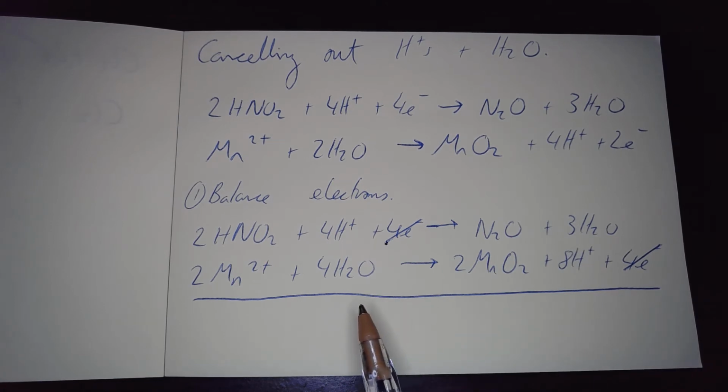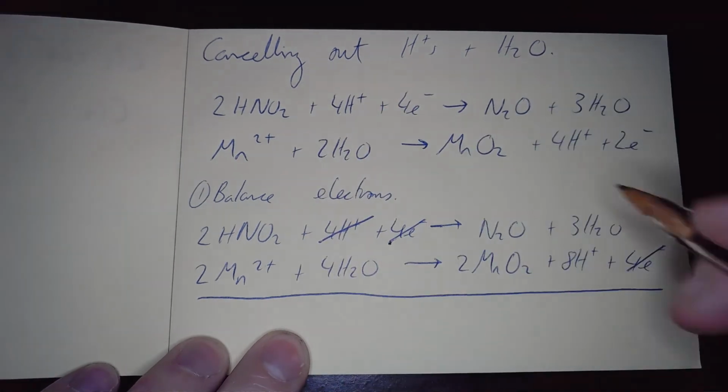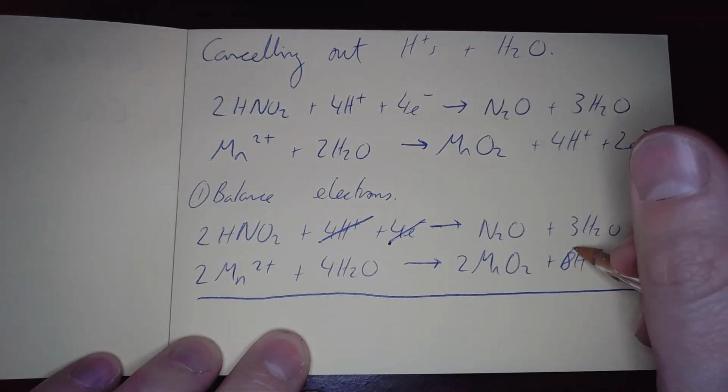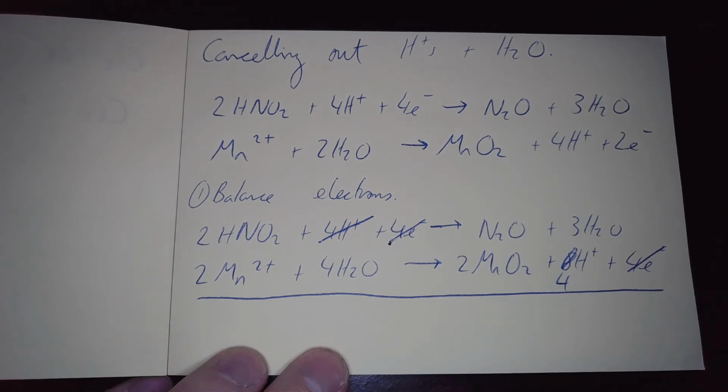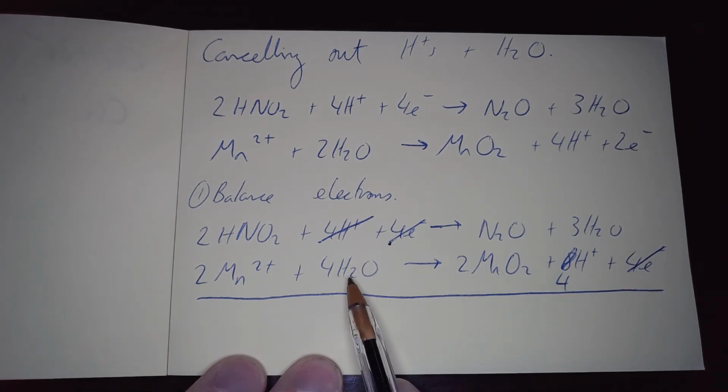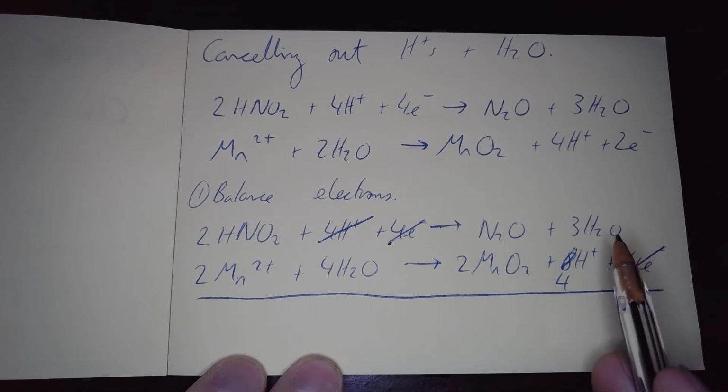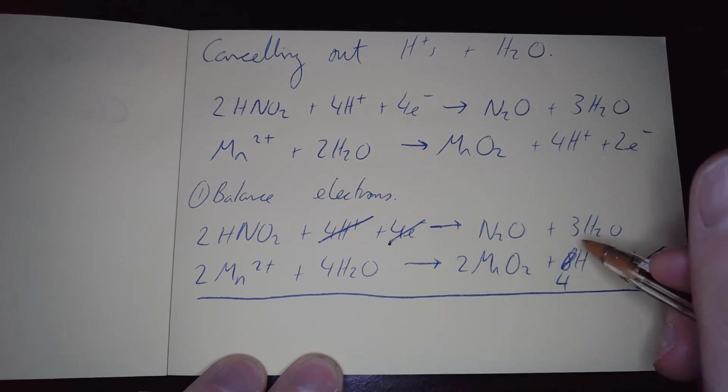But there's other things that can cancel out as well. We've also got H pluses. We start off with 4 H plus and we end up with 8. Well, that's the same as saying that we end up with 4, isn't it? And we start off with 4 waters and we end up with 3. Well, that's the same as saying you use 1.